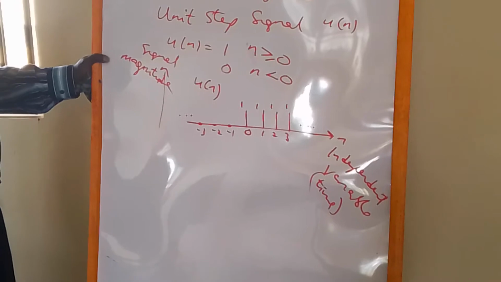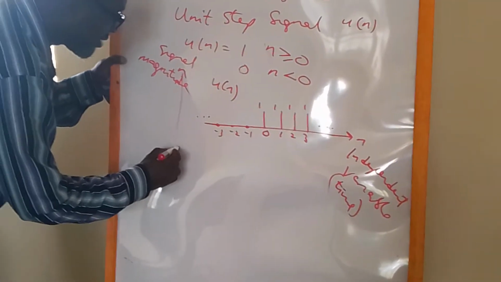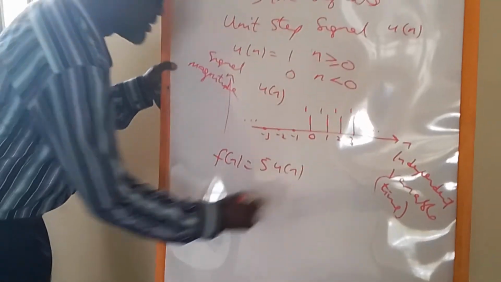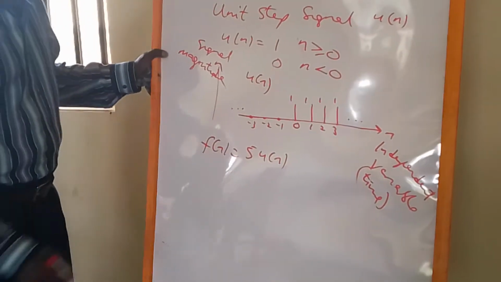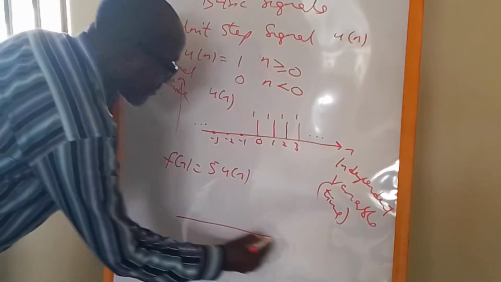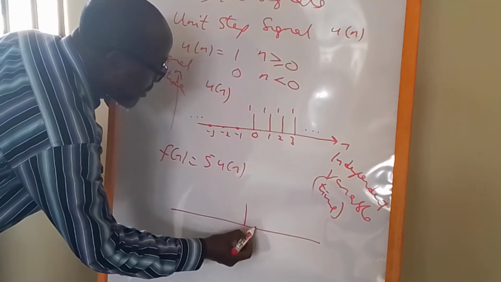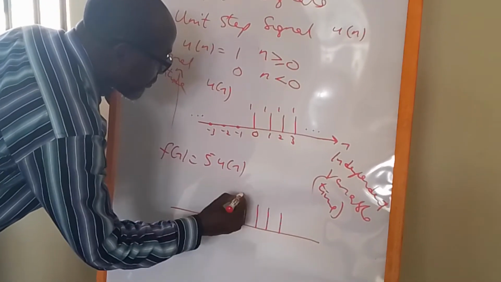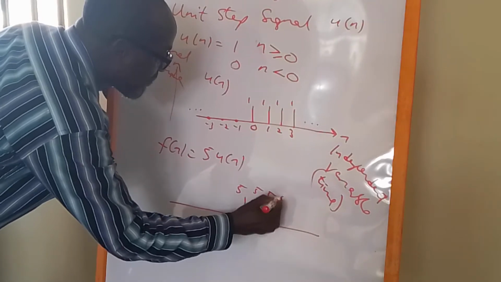Now let's introduce scaling. If I say give me a function which is 5u[n], this is scaling. So this means it's going to be the same as u[n] but multiplied by 5. That means at 0, at 1, at 3, this will be 5, 5, 5, 5.